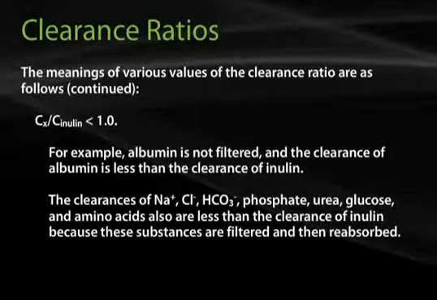For example, the clearance of albumin is less than the clearance of inulin because albumin is not filtered, nothing to do with its reabsorption. In contrast, the clearances of sodium, chloride, bicarbonate, phosphate, urea, glucose, and amino acids are also less than the clearance of inulin because these substances are freely filtered, however then they are reabsorbed.